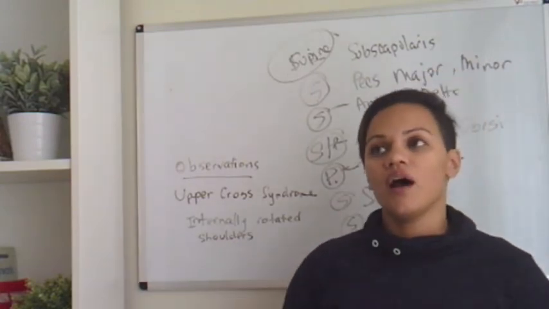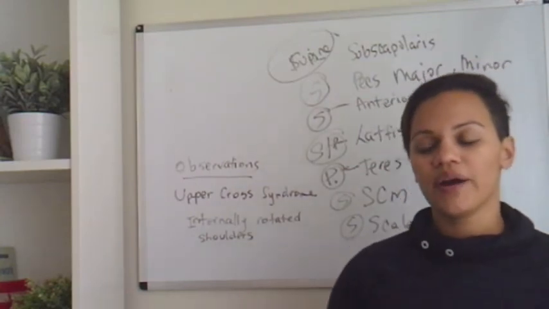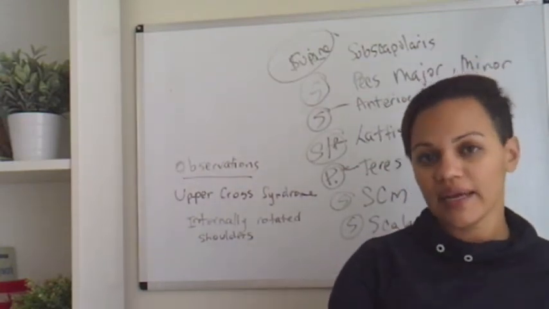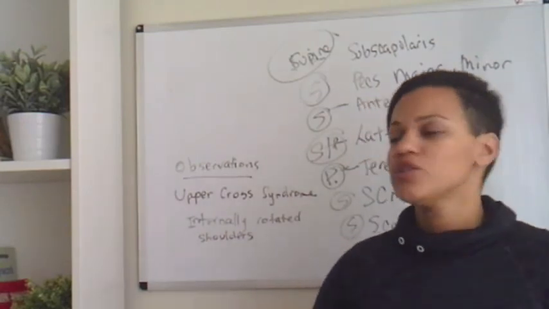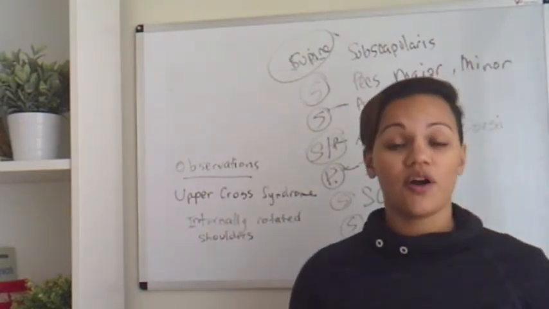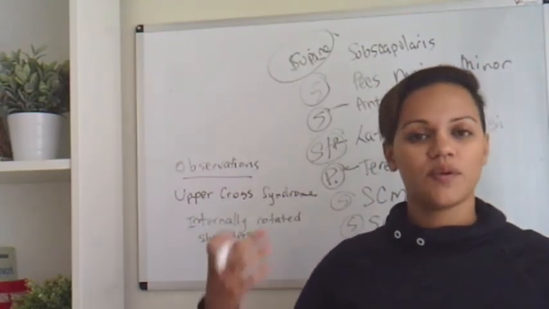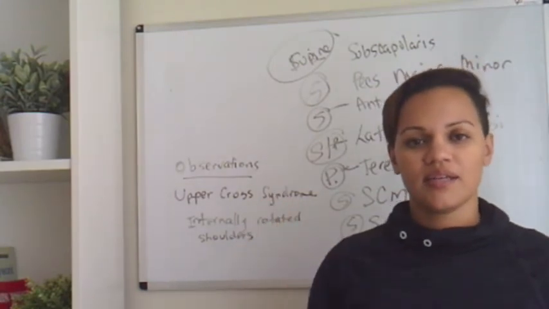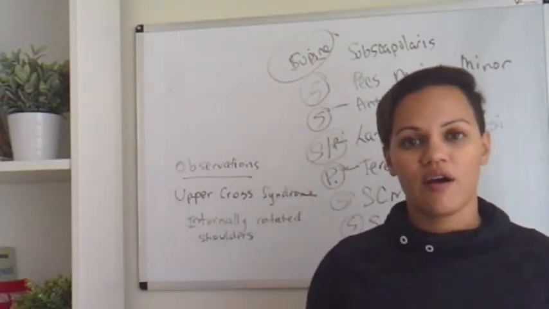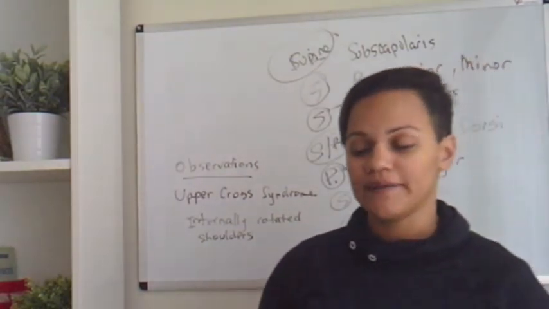So the reason I love to show this is because it's really important when a client is complaining about a particular type of pain to observe their posture first, because sometimes, like in this situation, they're experiencing pain behind the shoulder blades, but really a lot of that pain is coming from and referring from all of the muscles that are tight in the front part of the body.